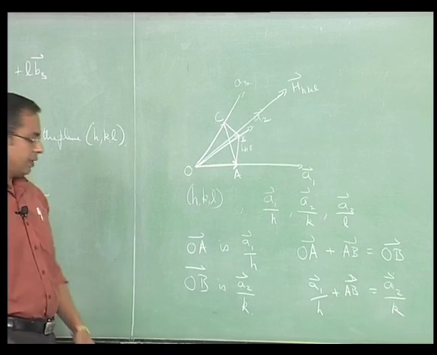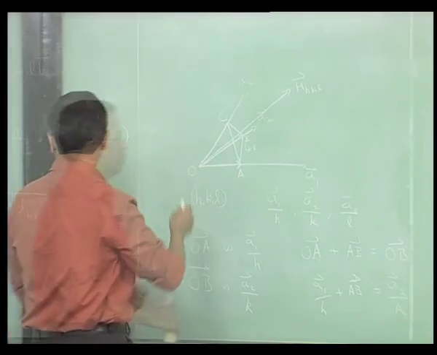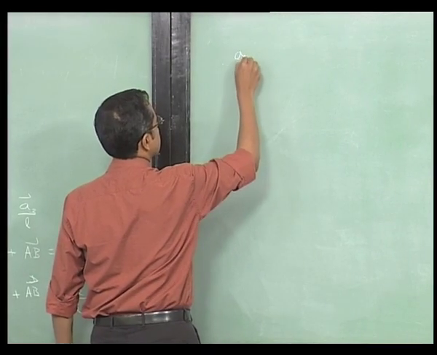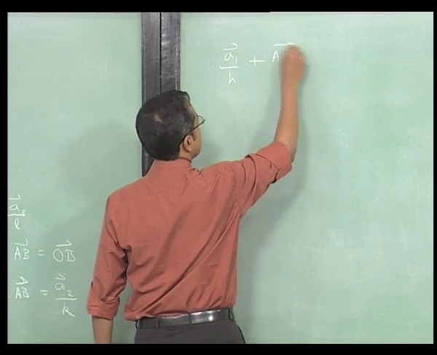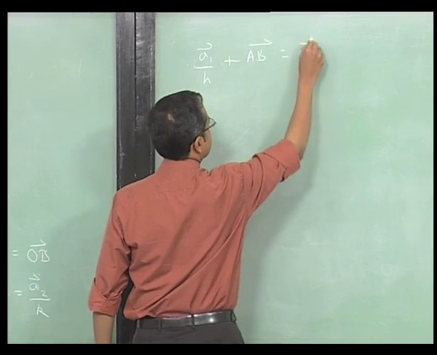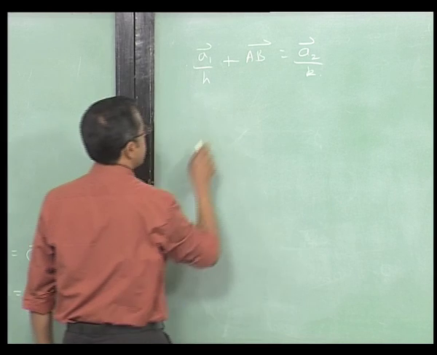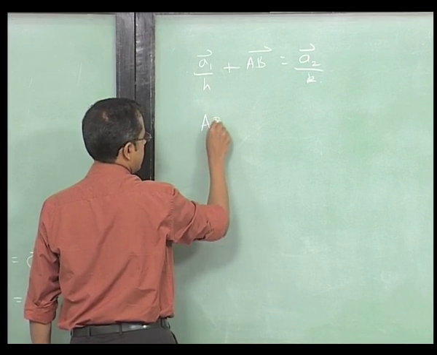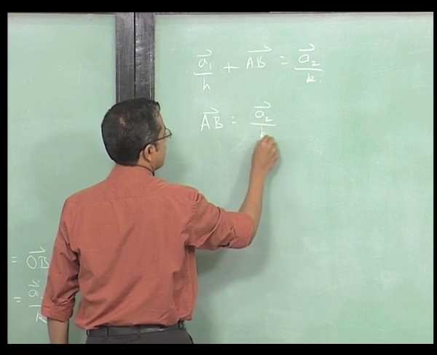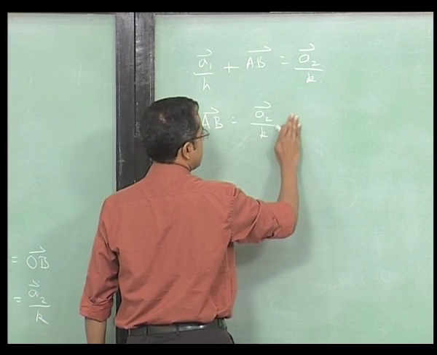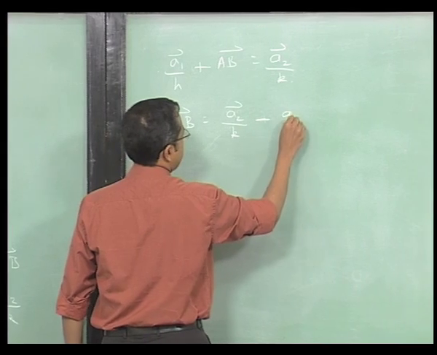We can rearrange this a little bit. So we wrote A1 by H plus AB equals A2 by K. Rearranging this, we get AB is A2 by K plus minus A1 by H.